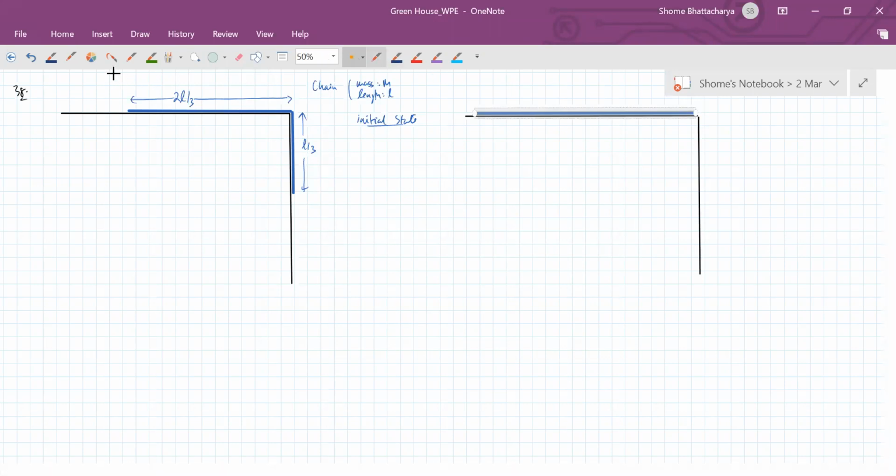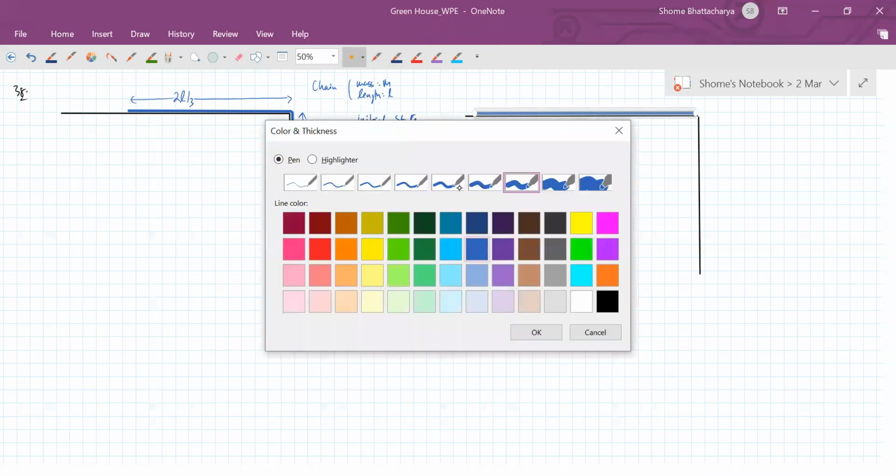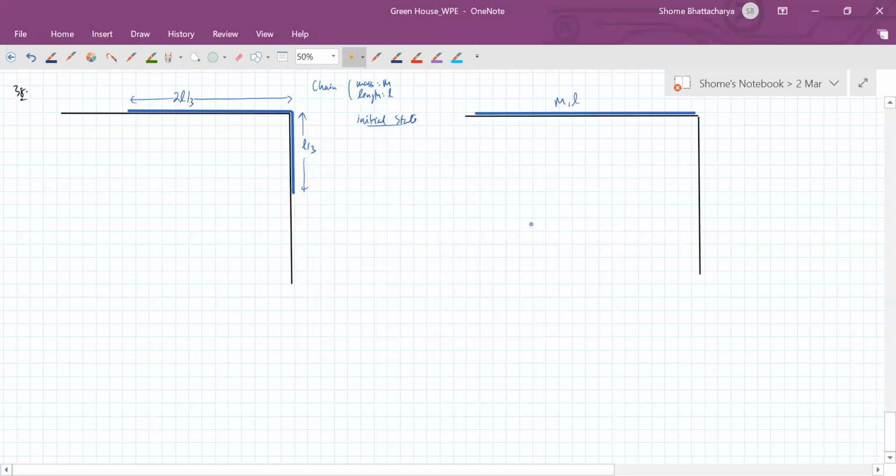So now the entire chain is here. So this is my final state. So we have to find the work done by the external agent to take it from the initial state to the final state.